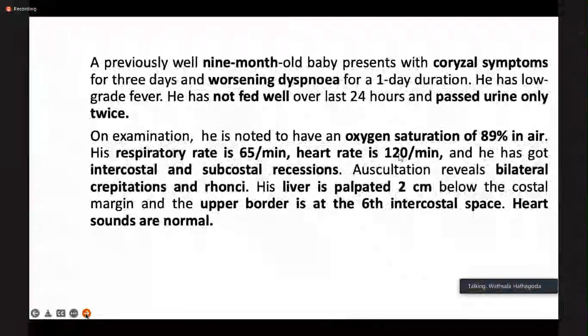That's a 9-month-old coming with coryzal symptoms and worsening dyspnea, with some examination findings given. Madam, it could be viral pneumonia. The other, madam, could it be asthma also, because there are bronchi and the liver is also pushed down. So the hyperinflation, it says.